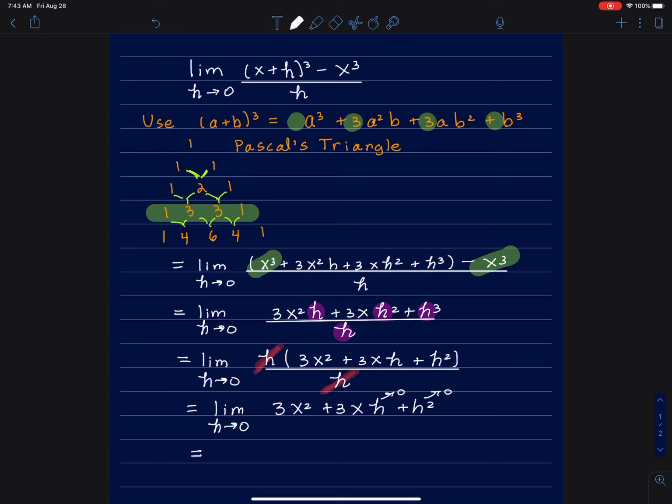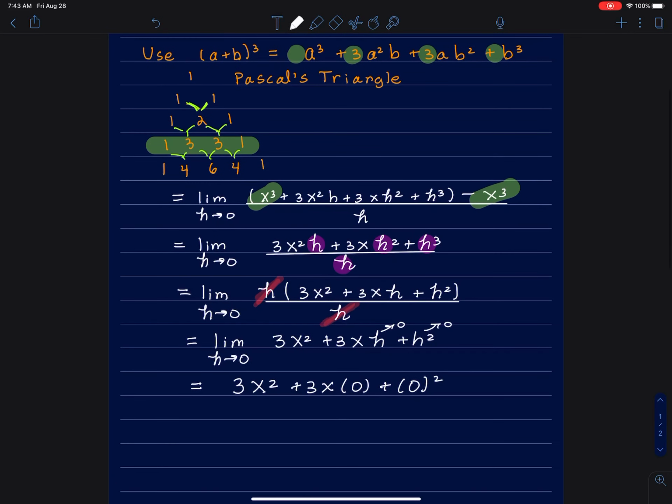But once I plug in h equals 0, I'm not going to write limits anymore. Once I put the number in, I don't write limit anymore. I can directly substitute because I won't be dividing by 0. So 3x times 0 equals 0, not just limit 0, it actually equals 0. And this gives 3x squared as our final answer.